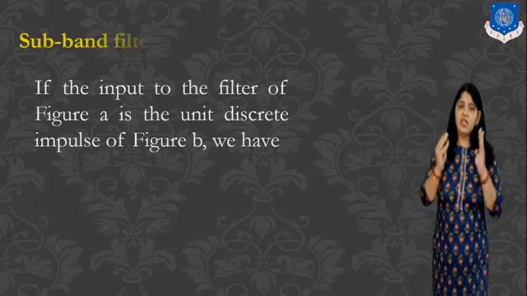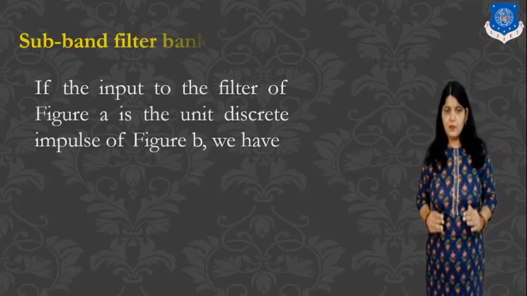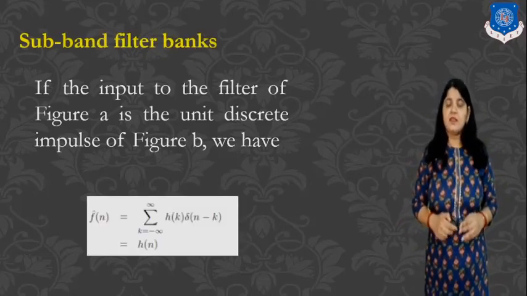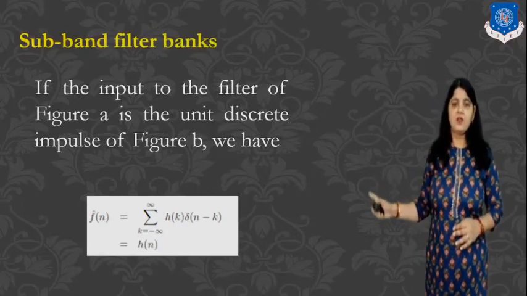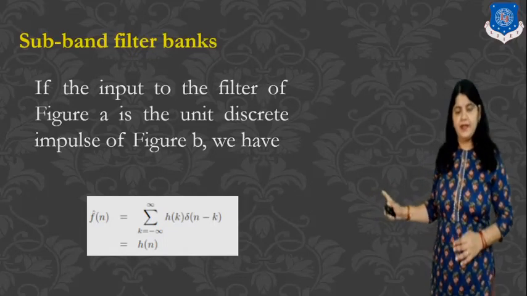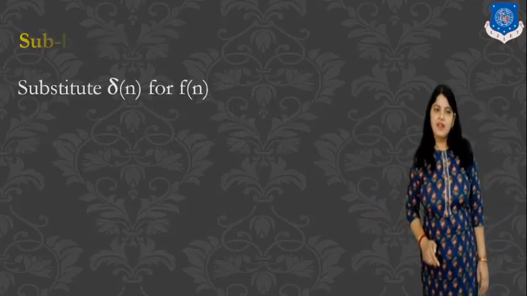Now, if the input to the filter of figure A is the unit discrete impulse of figure B, then we have f(n) equal to sigma k equal to minus infinity to infinity h of k delta n minus k, equal to h of n.